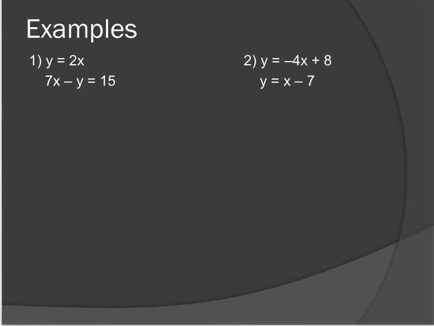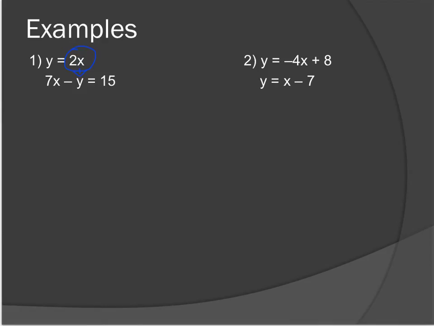So you might notice right away that our examples are set up a little differently. In number 1, y is by itself in the first equation, and x and y are together in the second one. Whenever you have one variable by itself, substitution method is easiest. So y equals 2x. I can take this 2x from the first equation and substitute it in where y is in the second.